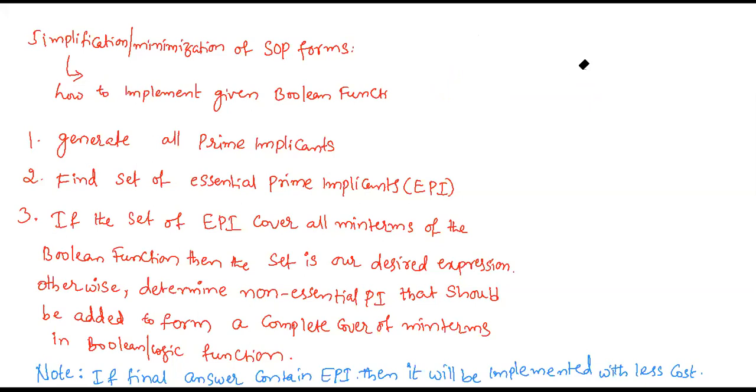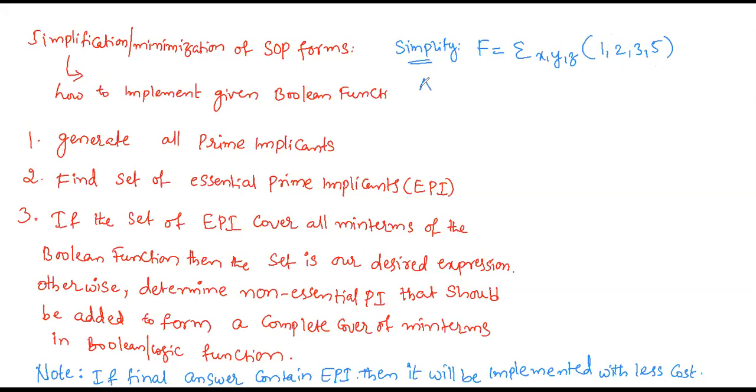And the example is simplify below Boolean function with minimum cost. Okay, sigma x y z, 1 2 3 5. Simplify this equation with minimum cost.